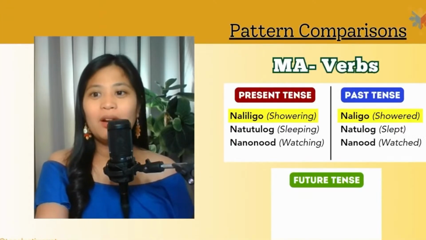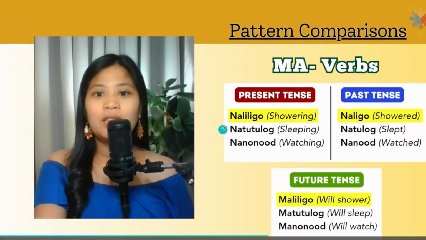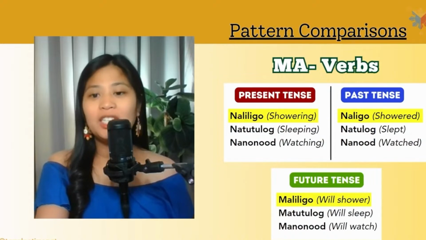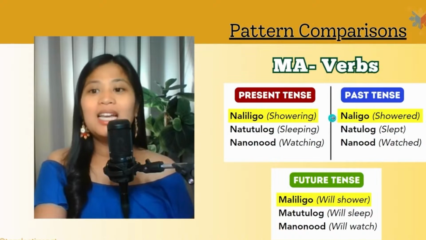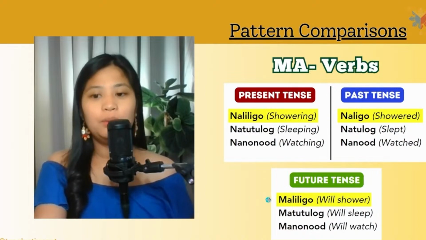Now let's compare all of the tenses together for ma verbs. Let's just take a look at the highlighted ones. Maligo means to shower. In the present tense, it's naliligo ako. Showering, taking a shower. In the past tense, it's naligo, showered. In the future tense, it's maliligo. Maliligo ako.